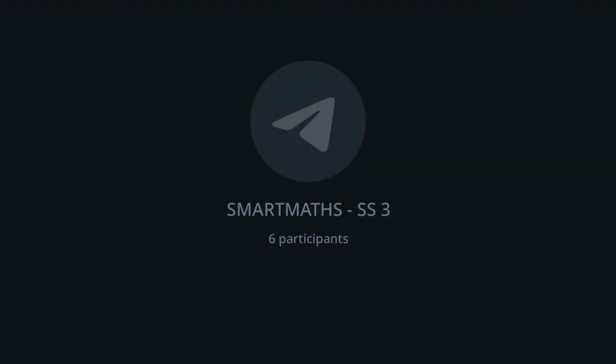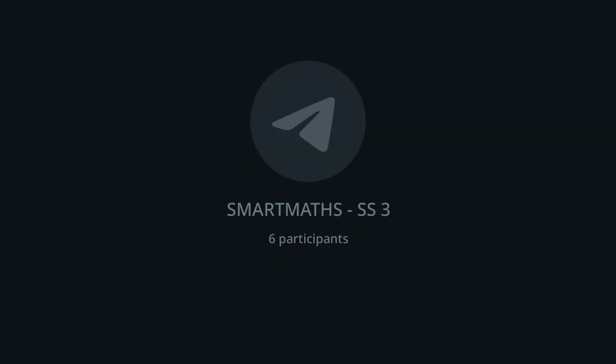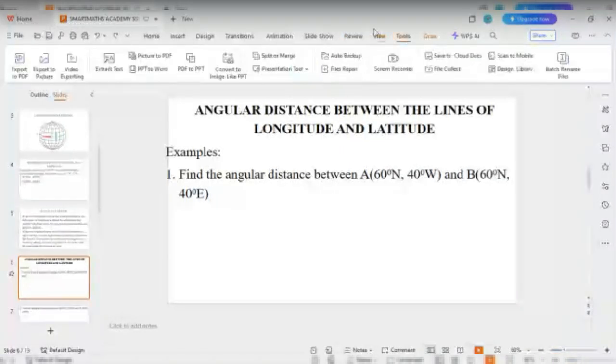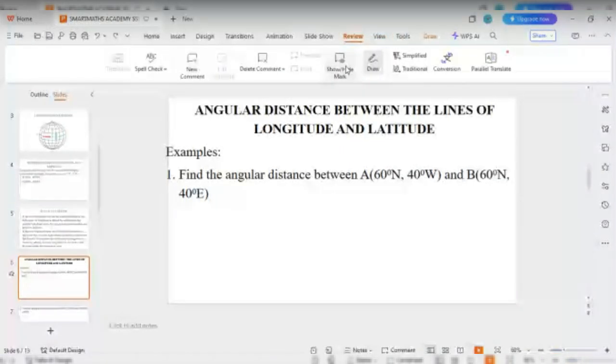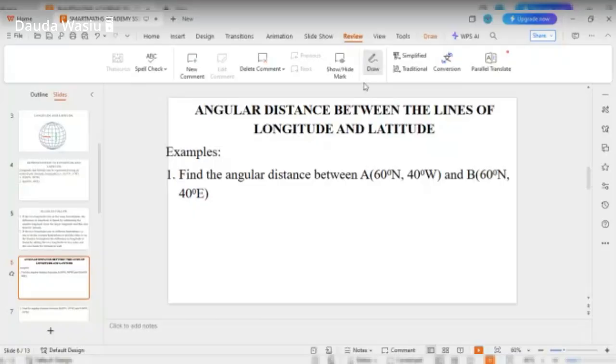I'm unable to write. So the angular difference will be theta equals to.